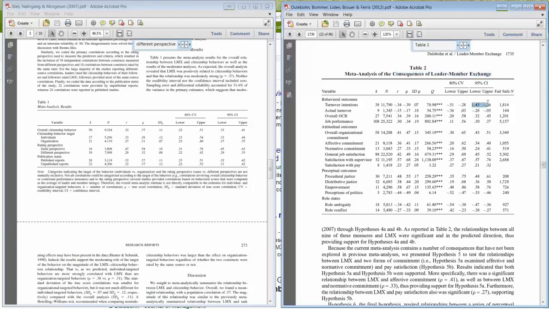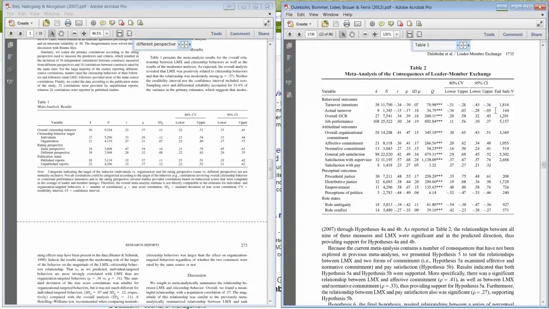Now notice this first one, negative 0.43 to negative 0.36. This is the effect on turnover intentions. Because the effect is negative, meaning it has an inverse effect, as leader-member exchange improves, turnover intention should decline. But because it's a negative effect, we have to actually look at the upper level to determine whether this factor should be included in our model because it indeed is substantive.